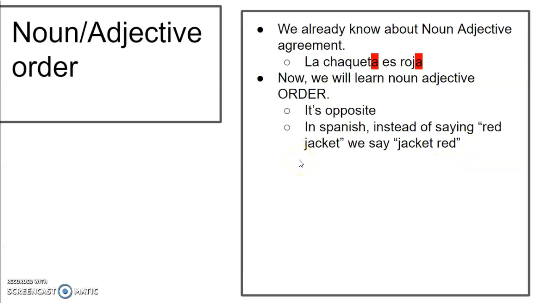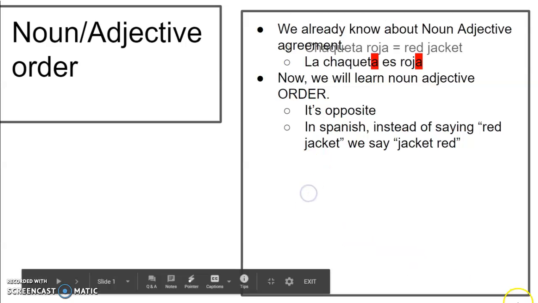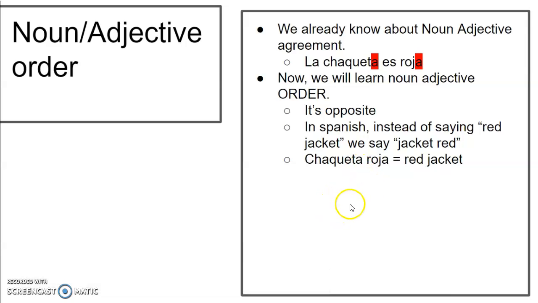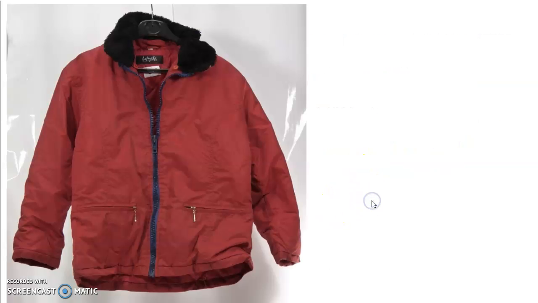That change in order is a change in syntax. So chaqueta roja means red jacket. You can see here that chaqueta and roja both end in an A.